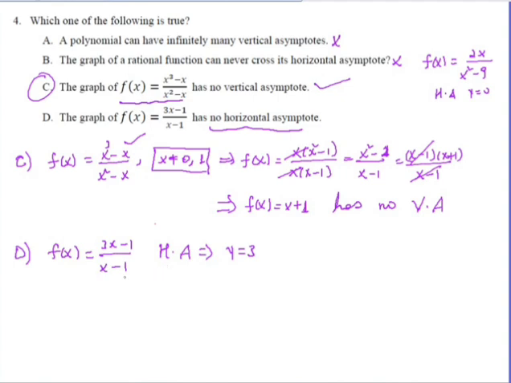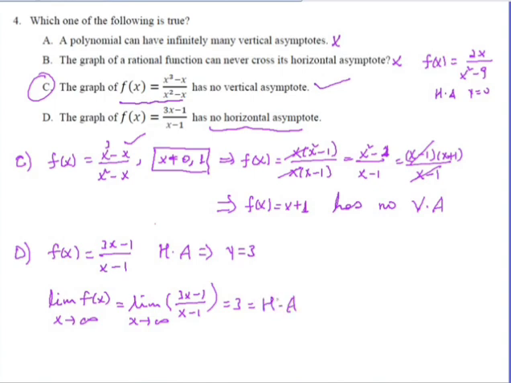If you want to know how you can get the horizontal asymptote, just evaluate the limit of the function f of x as x approaches infinity. So you can get that the limit of 3x minus 1 over x minus 1 as x approaches infinity is 3.